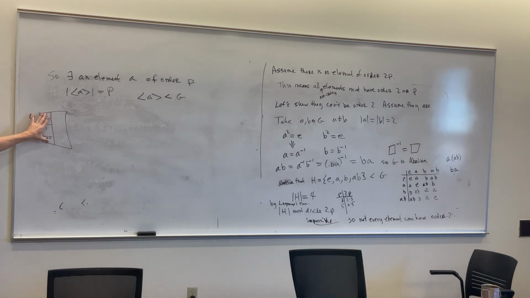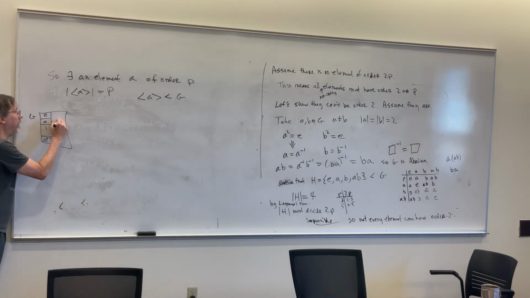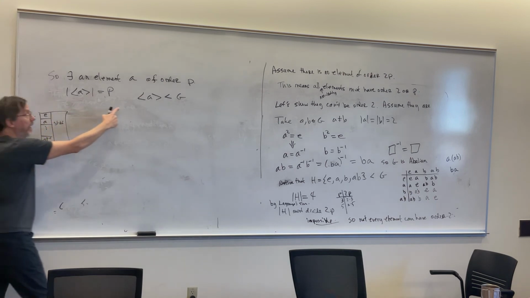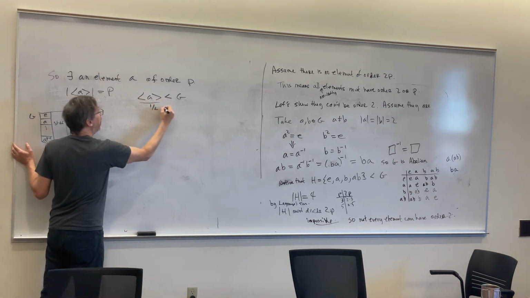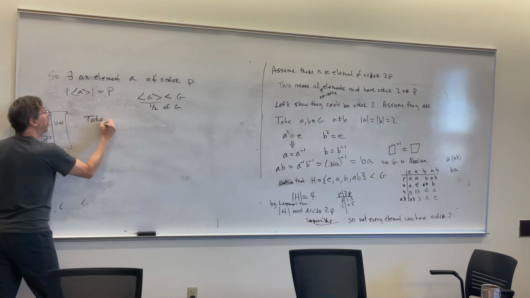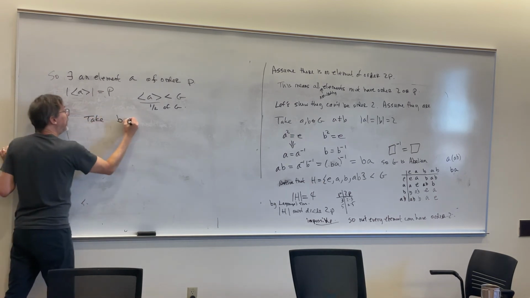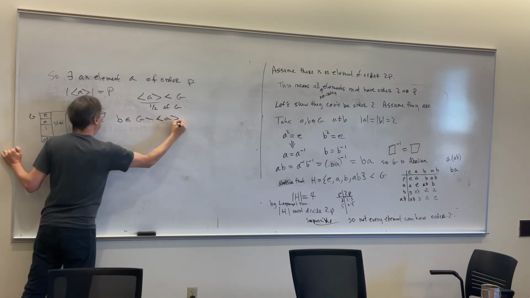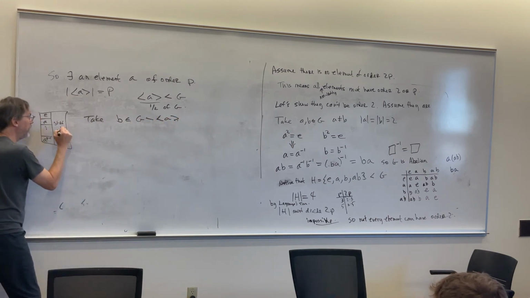So there's p things here. How many are total in the whole group? 2p, so there's stuff here. Let's take something outside of that cyclic subgroup, because this is half the group, right? So take a B that is in G minus that cyclic subgroup. So I'm going to take B over here.